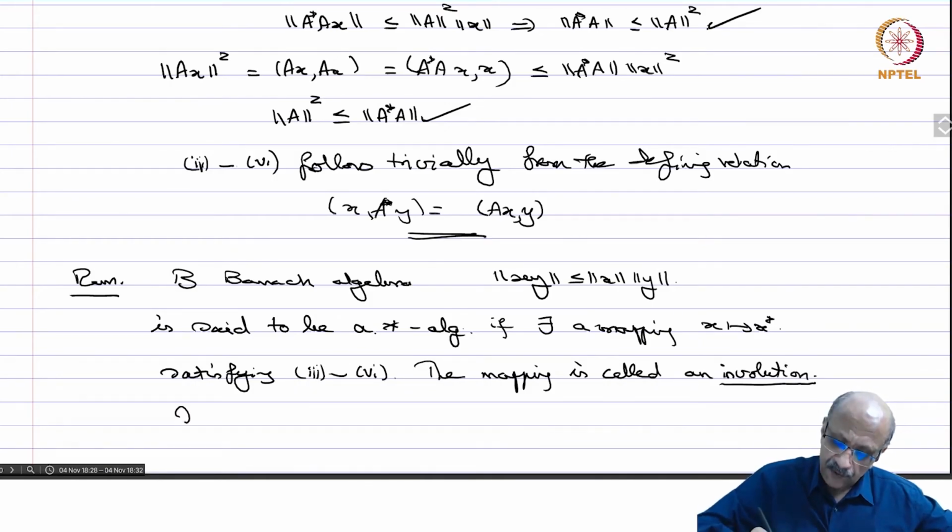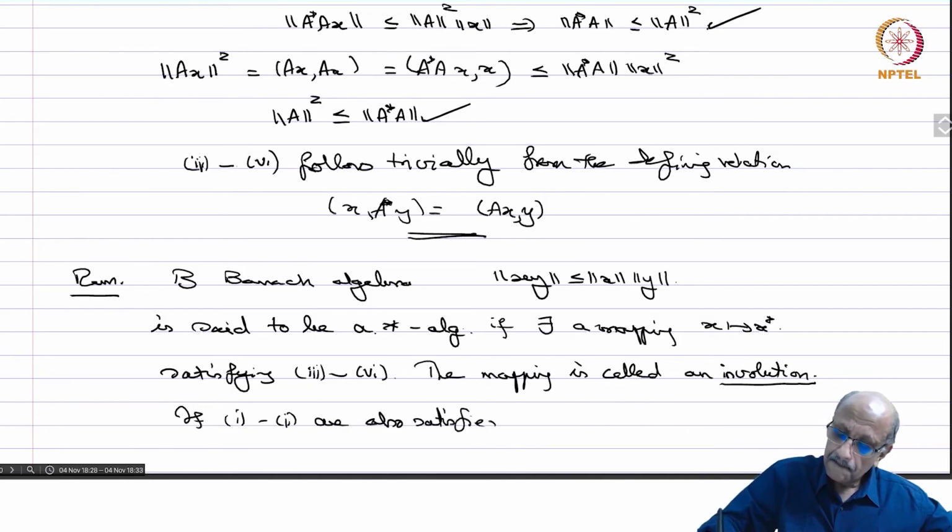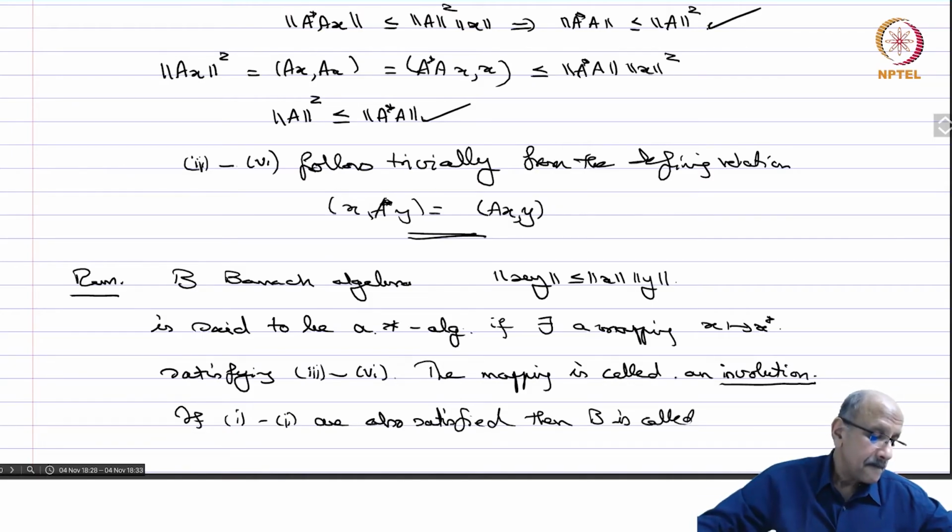If 1 and 2 are also satisfied, then B is called a B star algebra.